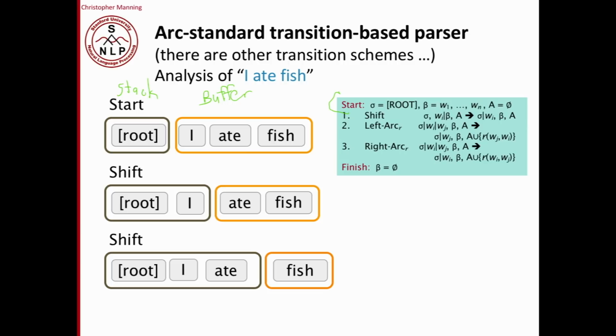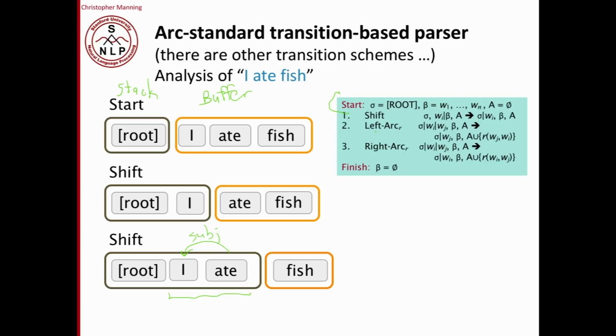Okay, and so at this point, I'm in a position where what I'm going to do is reductions that build structure, because look, I have I, ate here, and I want to be able to say that I is the subject dependent of ate, and I will do that by doing a reduction.